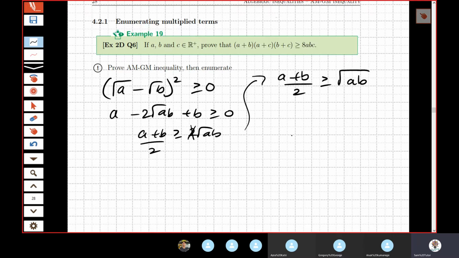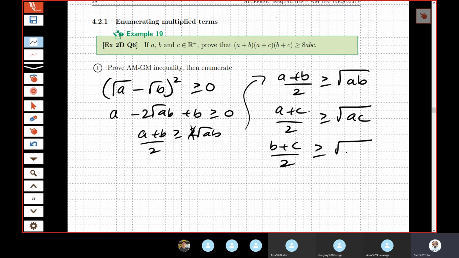So what would be my next lines? Wouldn't it be a plus c on 2 greater than or equal to root ac? And what about b plus c on 2? Root bc. Yeah?